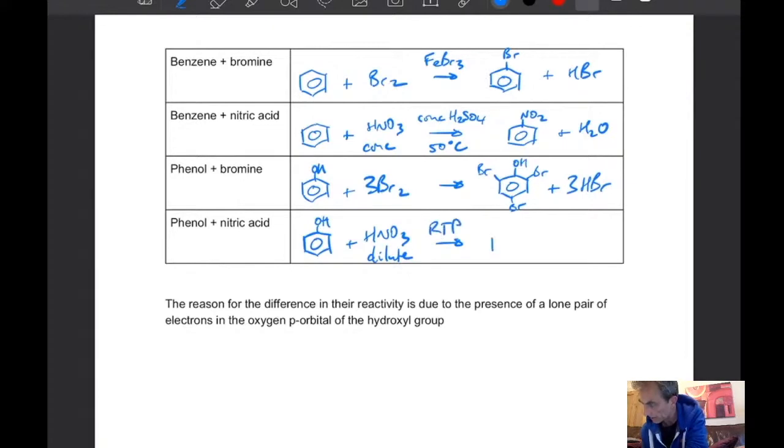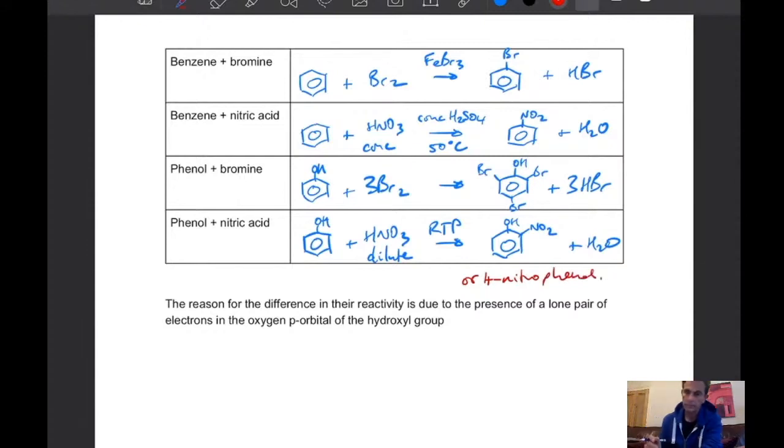And we get, I'll just go for the 2, and just put a little note there, or the 4-nitrophenol. Okay, so that's a nice summary of all the reactions that help us determine the different reactivities.